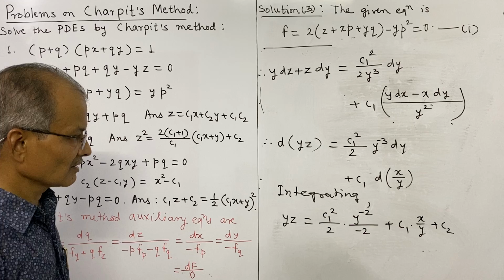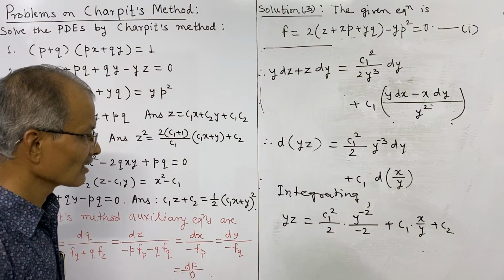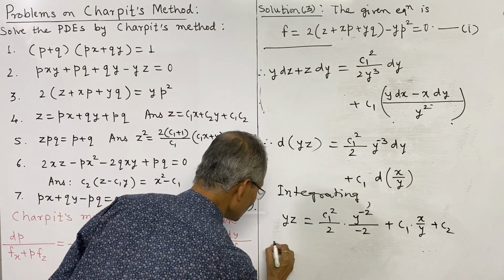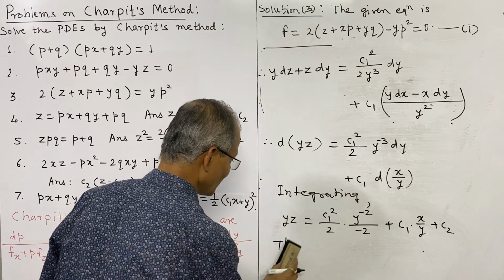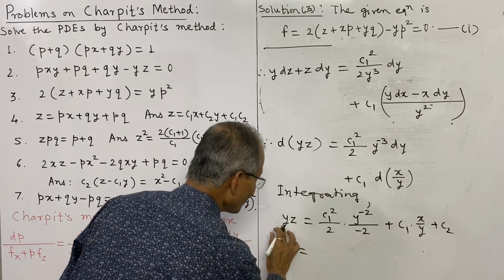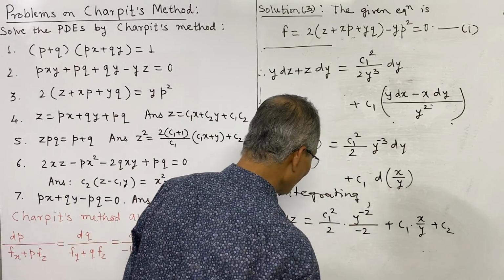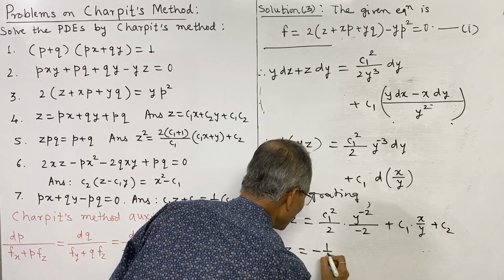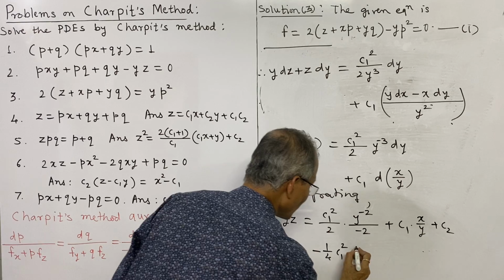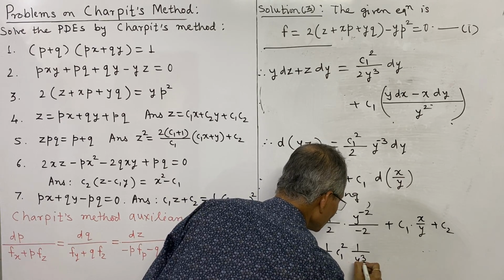And this is the complete integral. So at the most you can write this as minus 1 by 4, etc. Or we may divide by y, and then z is equal to minus 1 by 4 c1 square, with 1 upon y cube in the denominator.